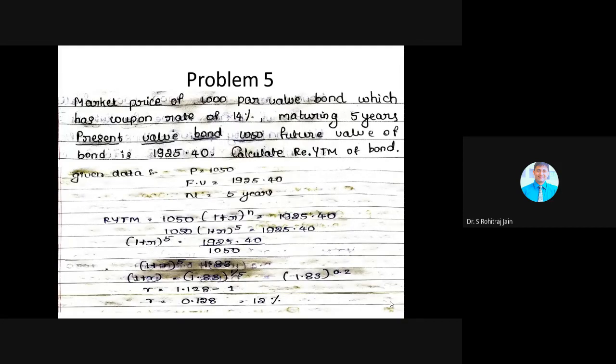The 1 which is on the left hand side goes to the right hand side, so it becomes minus 1. So the value of R is 0.128, or if you multiply that by 100, I get the percentage, that is 12.8%. So the realized yield to maturity of the bond is 12.8%.